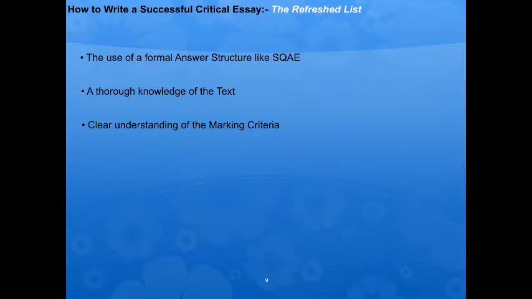The better way is taking the criteria with you, because the criteria defines why you should get this grade as opposed to that grade. Now, if you think you're deserving an A, then you're thinking that you've got the thorough knowledge of the text, you've done perceptive examples of your text, and so on and so forth down the line.